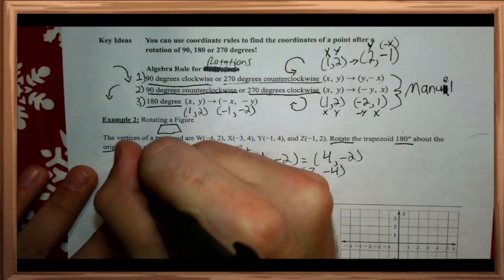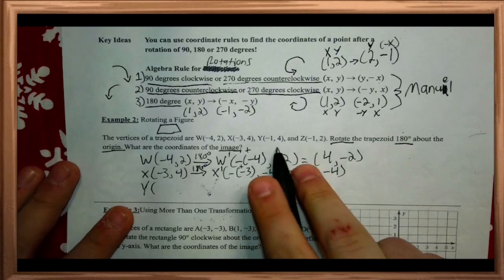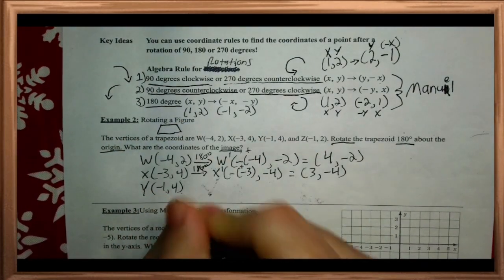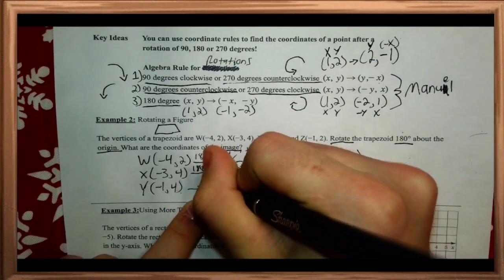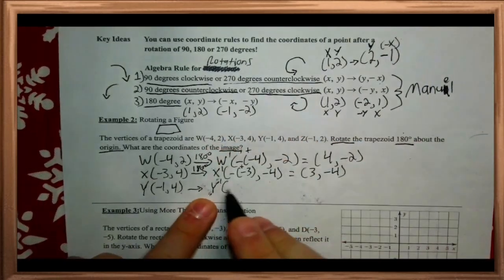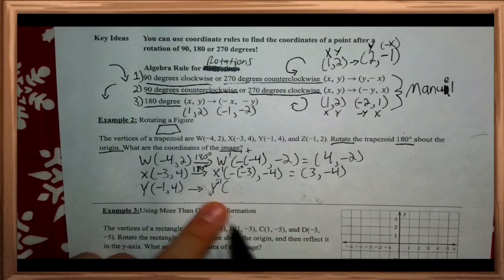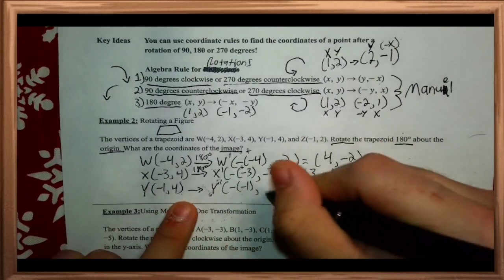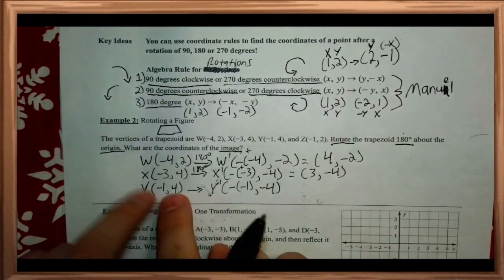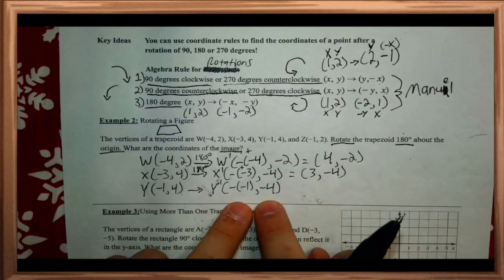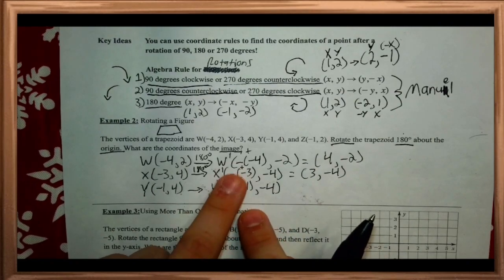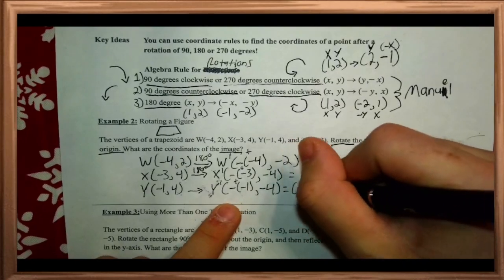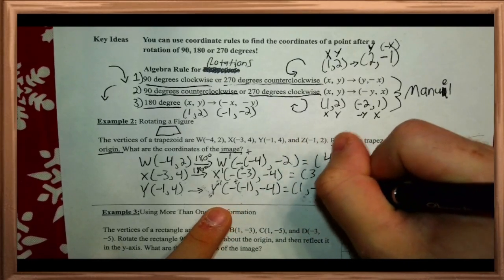Let's try y. We have y is negative 1, 4. Transformation. Y prime, the new y that we're going to look at, has the negative 1, negative 4, right? We're just making both the x and the y negative. And like we've seen before, it'll just become positive. So we get positive 1, negative 4.